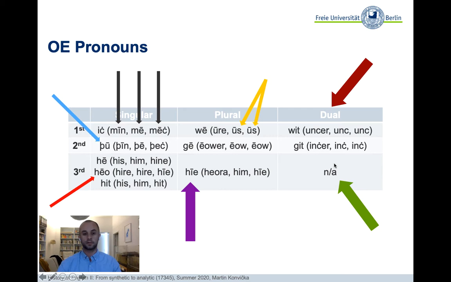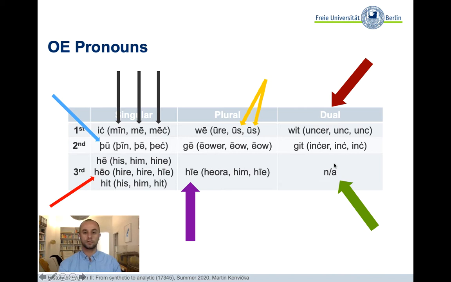There are actually also some instrumental forms. But then there was also a dual, a special category used only to refer to two people, two persons, or two things, whereas plural was used when there were more than two people or things.